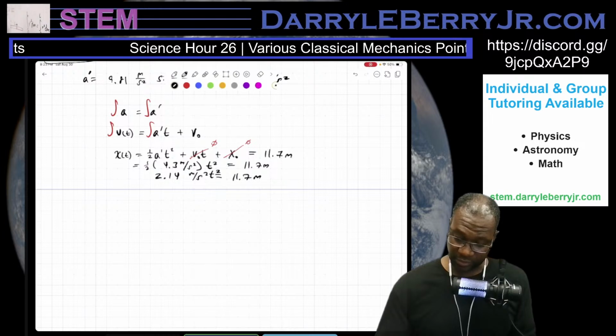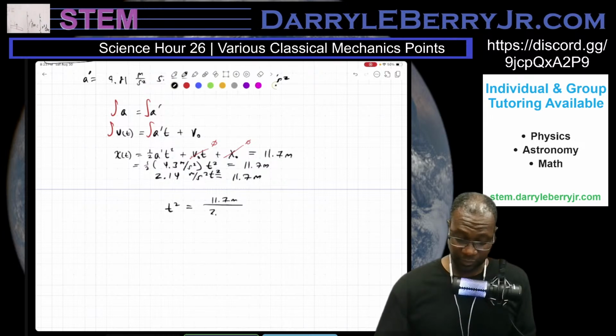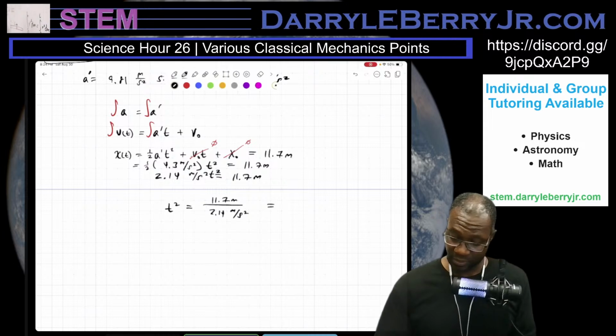T squared is still there. So t squared equals 11.7 meters divided by 2.14 meters per second squared.